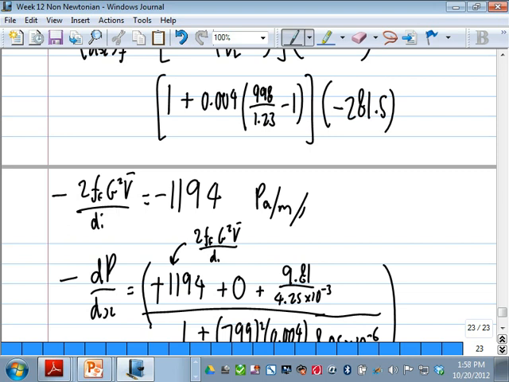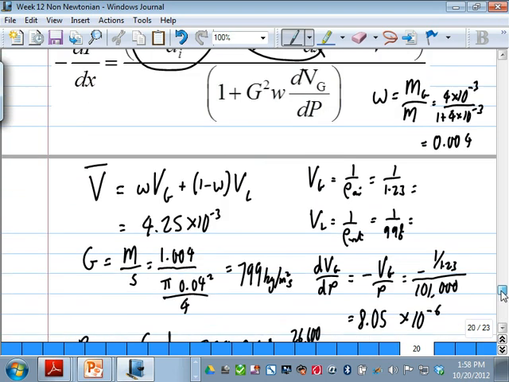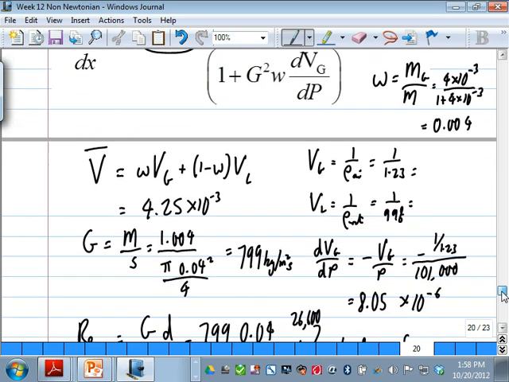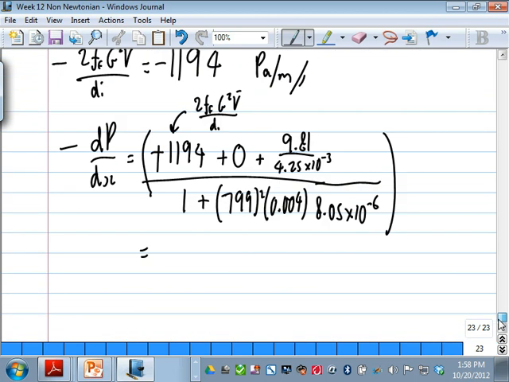Huh? dvg dp is minus. Yeah, it's negative, sorry. Yeah, it's negative. So, this one should be negative. Minus 8. Okay? The gravity dp dx.